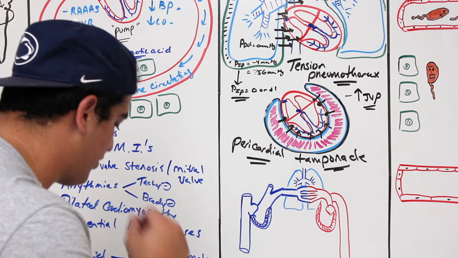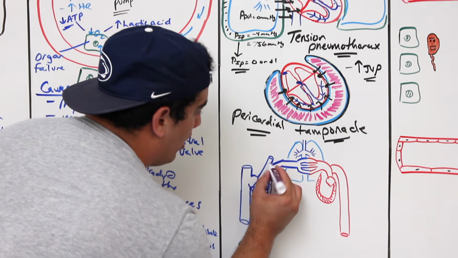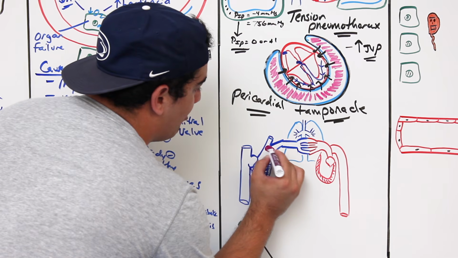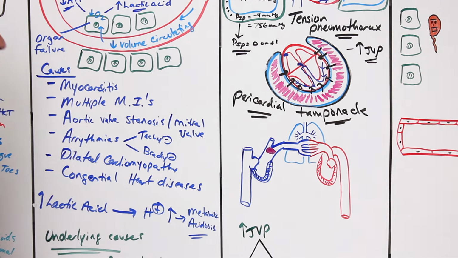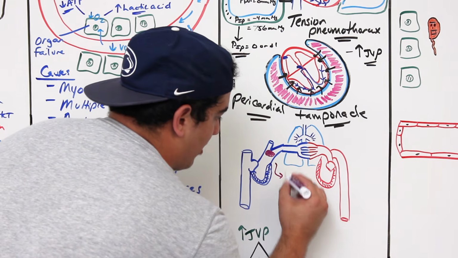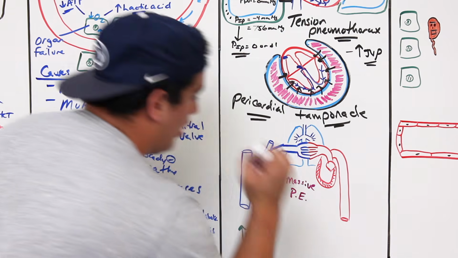Another super, super terrible one is a massive pulmonary embolism. Let's say that a person develops an unfortunate embolism right here in the pulmonary trunk. You know what that's actually called? That's called a saddle embolism. So let's say that they develop some type of massive PE. Okay?